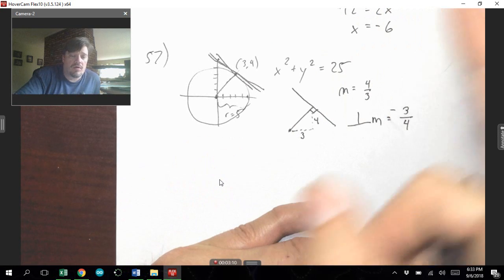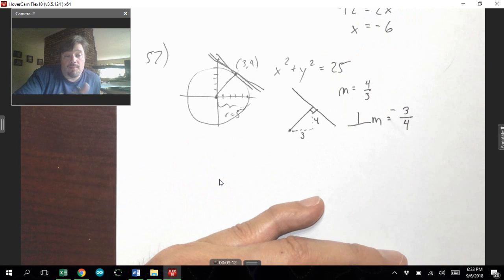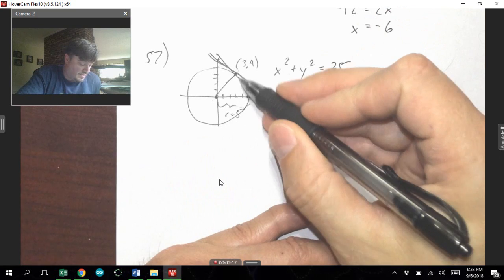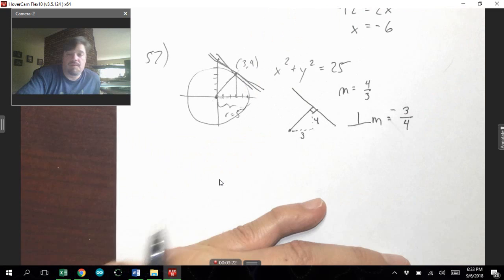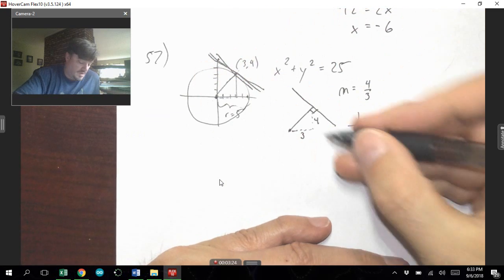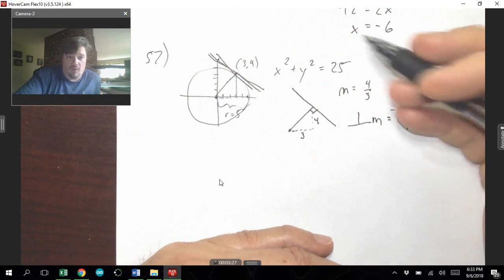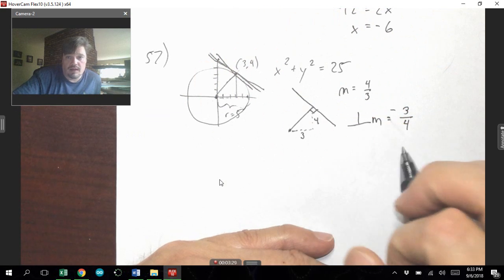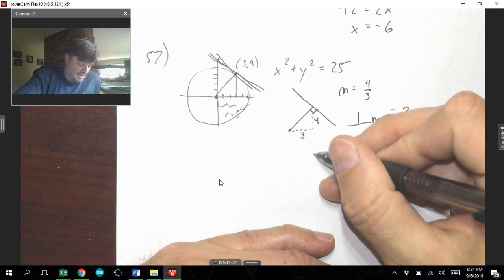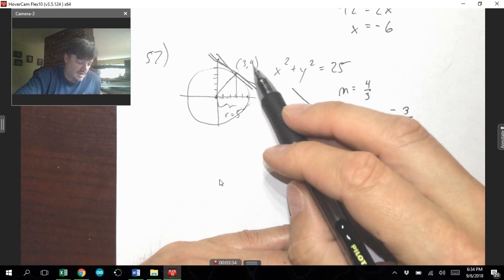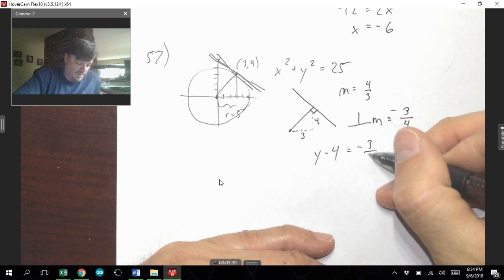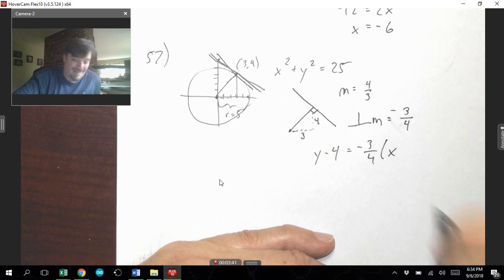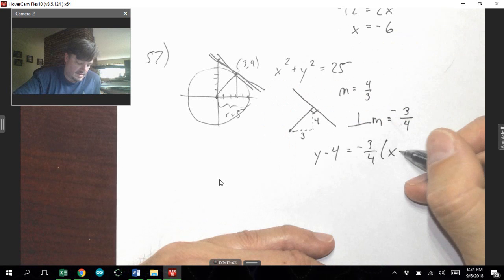Then we have to know, if I have a slope, what point does it pass through? Well, that's actually given to us. If we move over 3, we go up 4, that's the point we pass through. So in point slope form, might as well use it because we have a point and we have the slope. y minus 4, there's our y1, equals negative 3/4 times x minus the x1, which is 3.